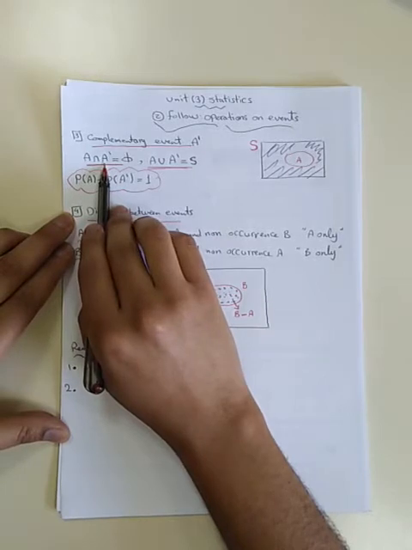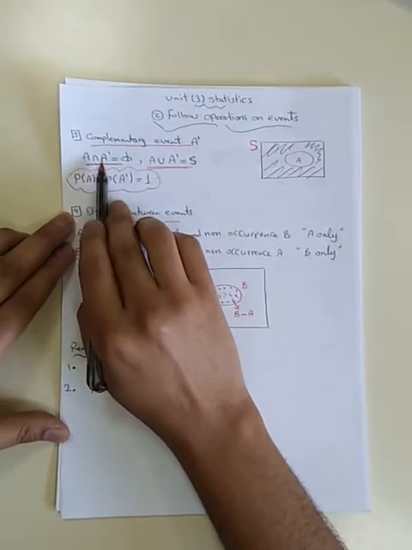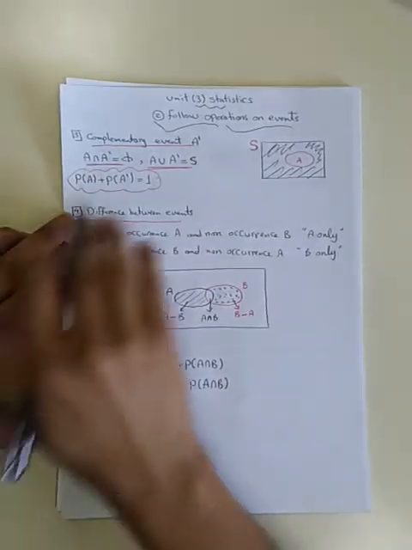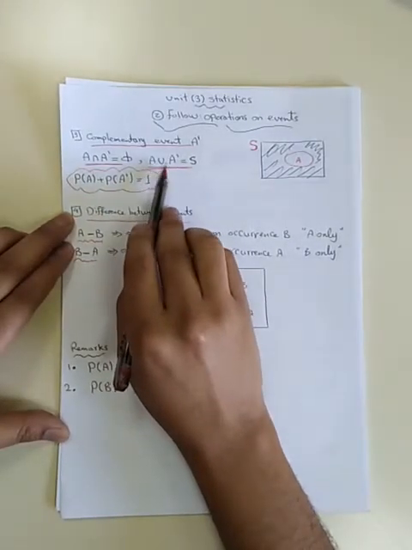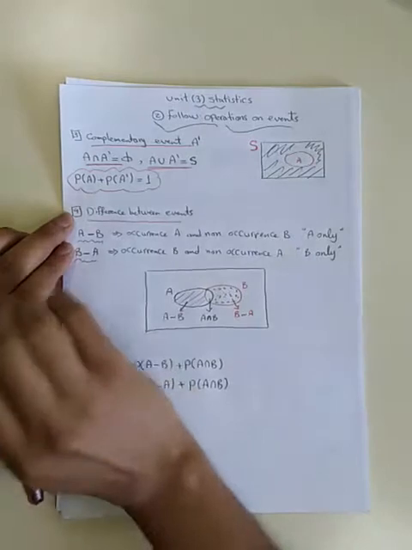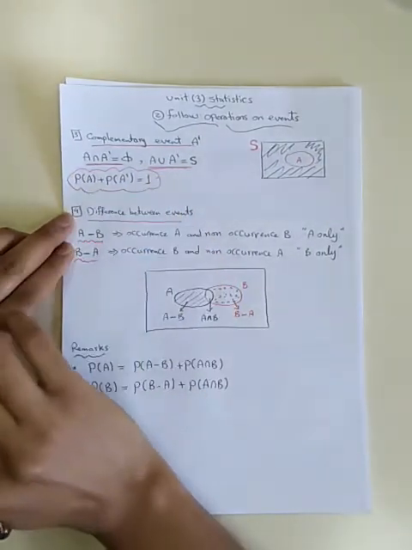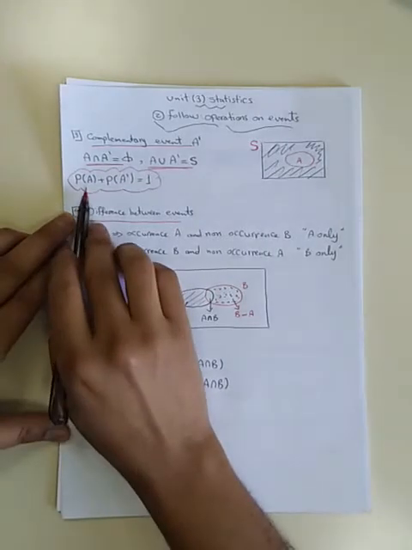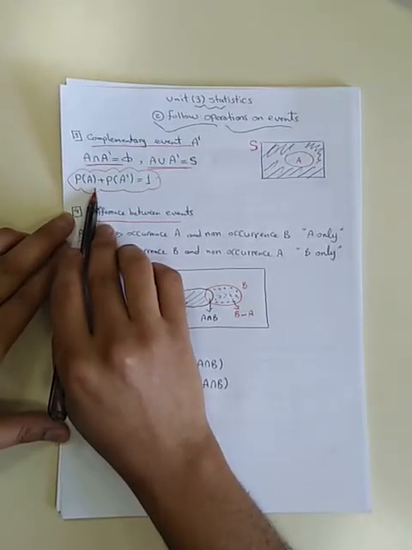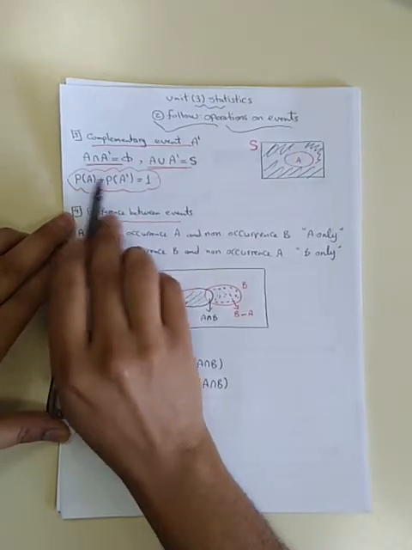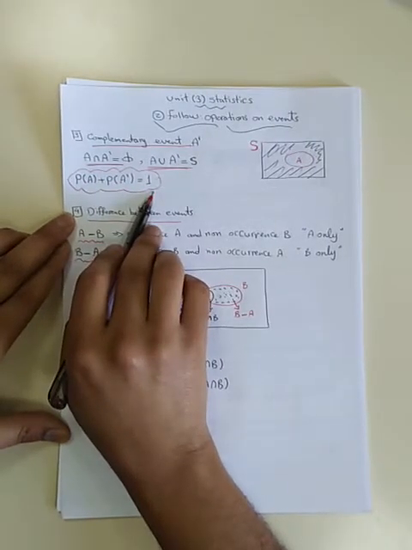A dash is the complementary of A. A intersect A dash equals phi because they are different, and A union A dash equals S, the whole sample space. That means probability of A plus probability of A dash equals 1. Their sum equals 1. And we will use this rule to solve some problems.